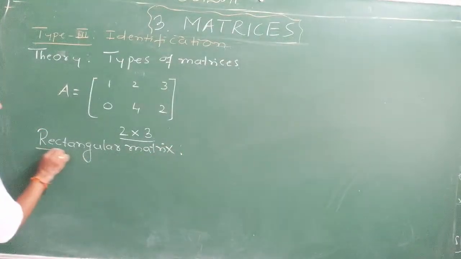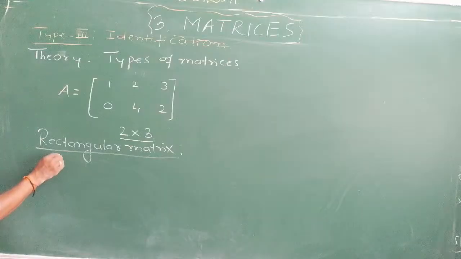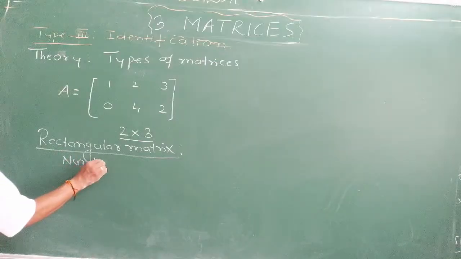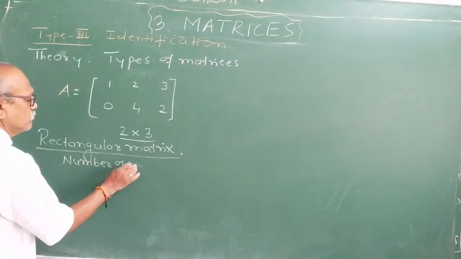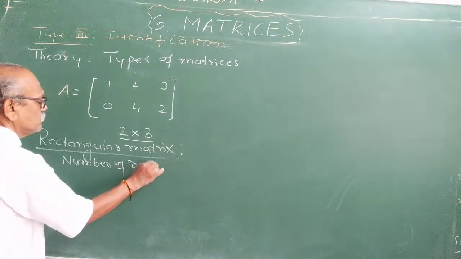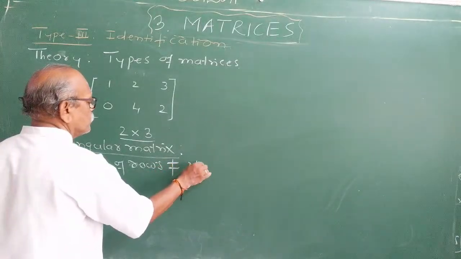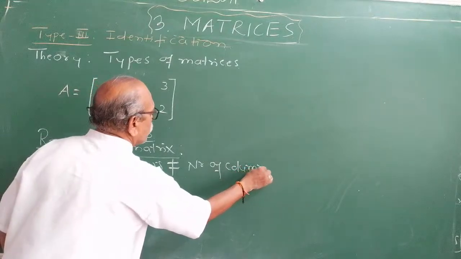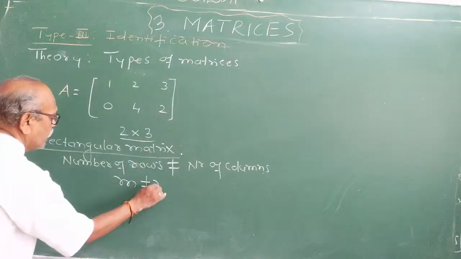What is a rectangular matrix? A rectangular matrix is one where the number of rows is not equal to the number of columns. In short, you can say that m is not equal to n.